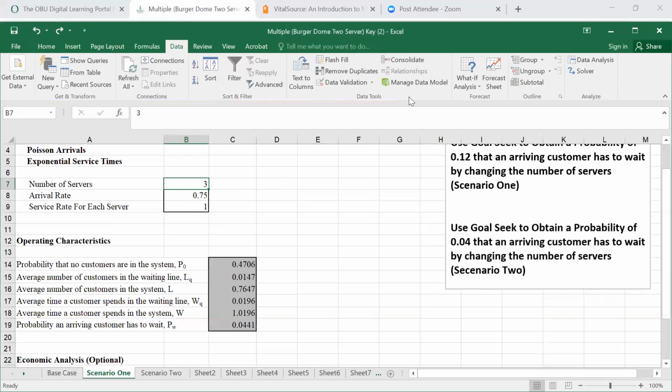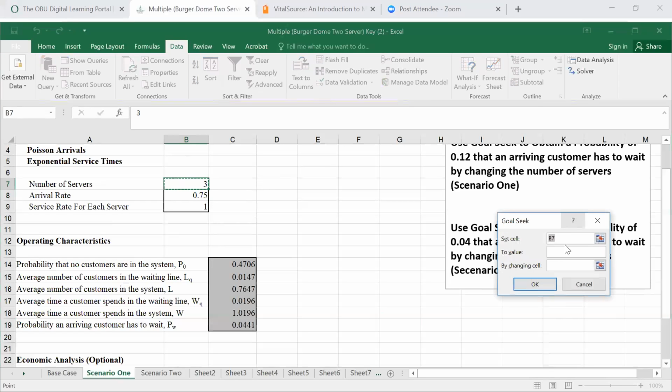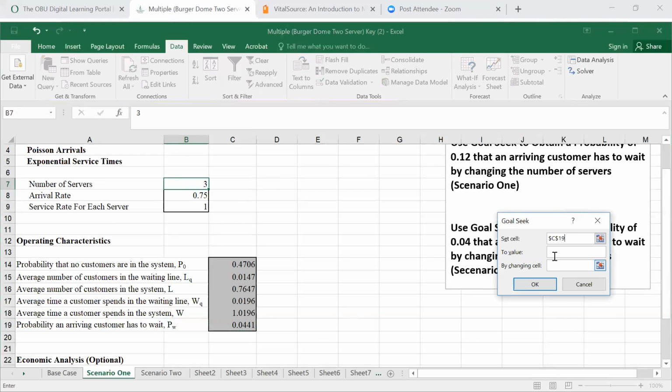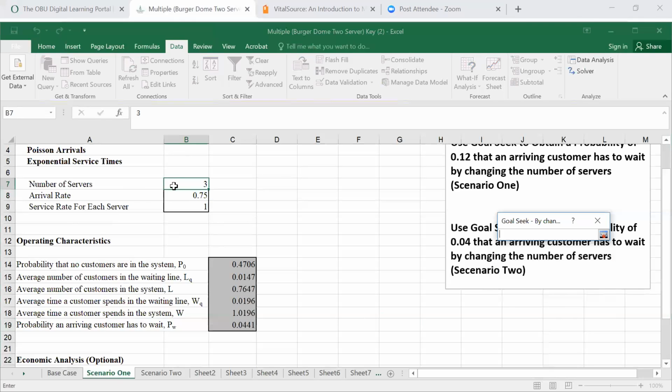We can just play around with this a little bit. That's the whole idea of the goal seek. And so I'm going to set this cell, C19, to 0.12, a 12% probability that someone will have to wait. And we're going to do it by changing the number of servers.